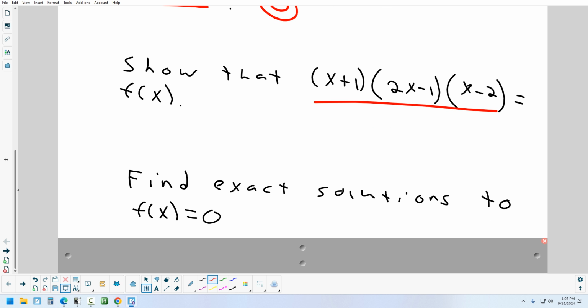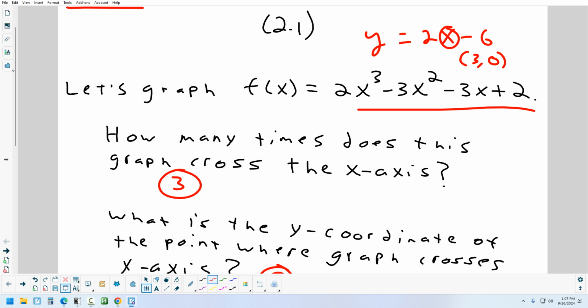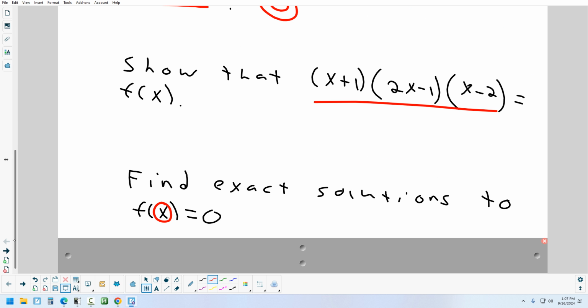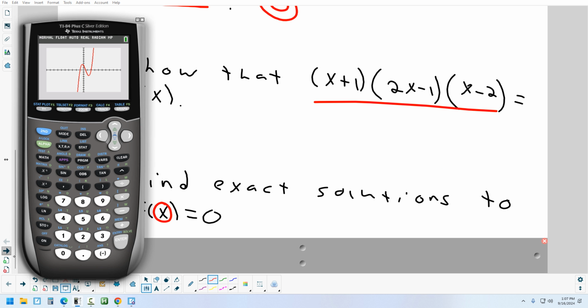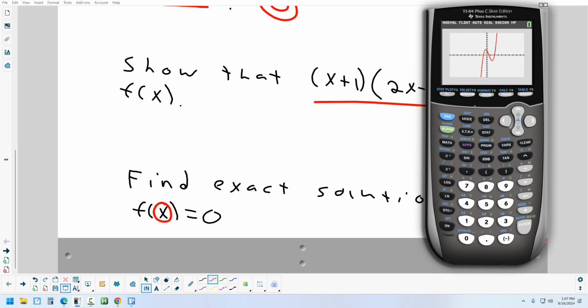Now, let's actually figure out what are the numbers that you could fill in right here so that if you plugged it in and did all the math out, you get an answer of 0. I'm going to show you how you find it. So we're going to use the calculator. I have 2 things typed in. I don't need them both typed in anymore, but it's probably simpler to just leave it.